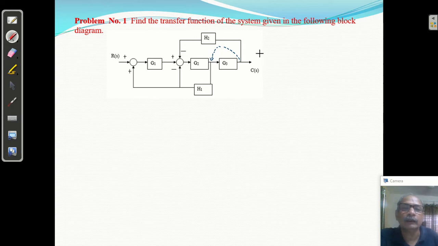This is R of S. Okay. This is error detector, plus, and this is again plus. Okay. This is G1. This is the error detector we have here.